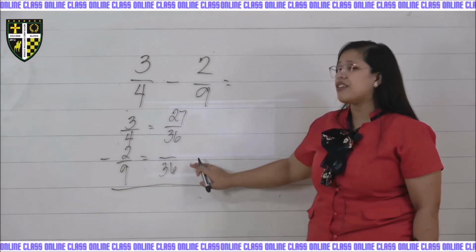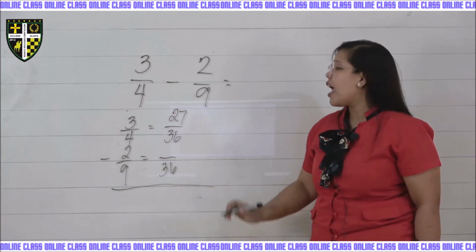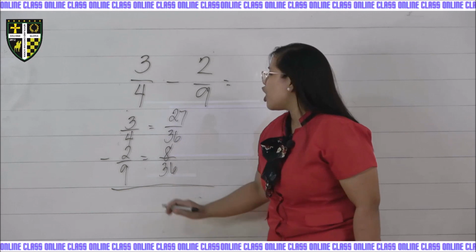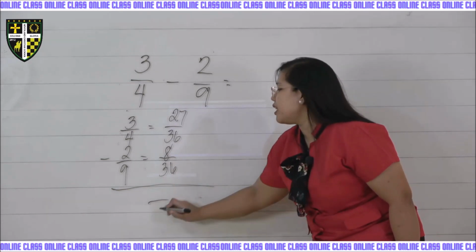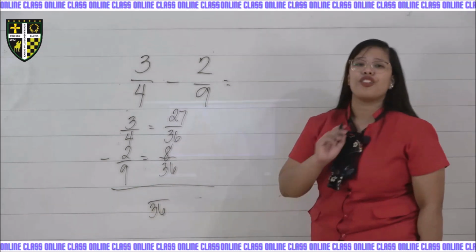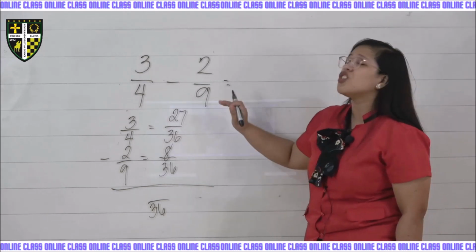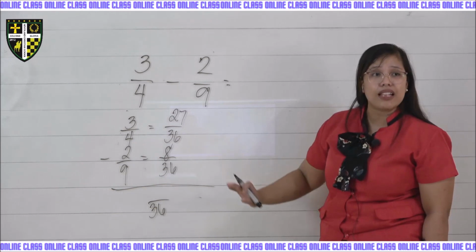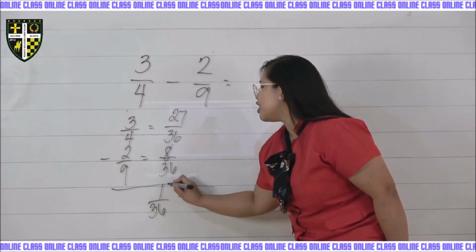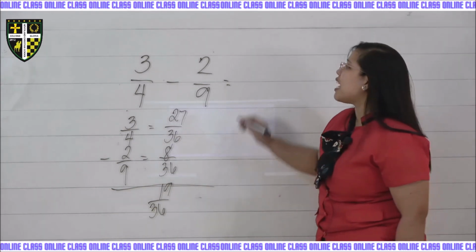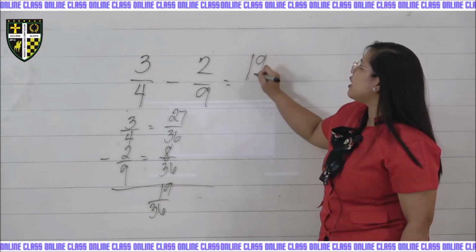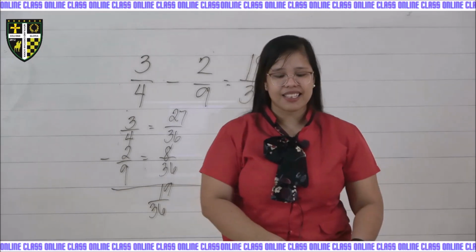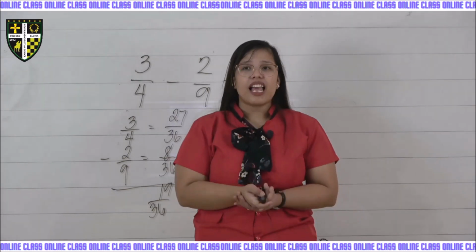So 36 divided by 9, we have 4. And 4 times 2 is 8. So now we will just subtract 27 and 8 over 36, and our answer is 19. So our final answer is 19 over 36. Did you get it, class? Okay, let's continue.